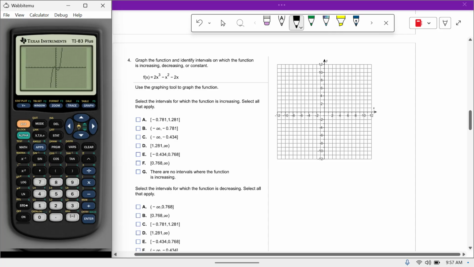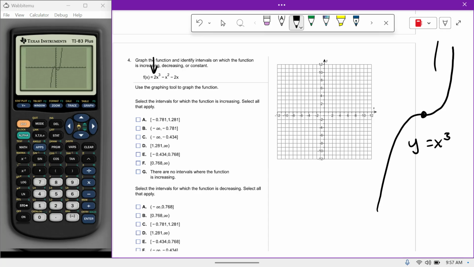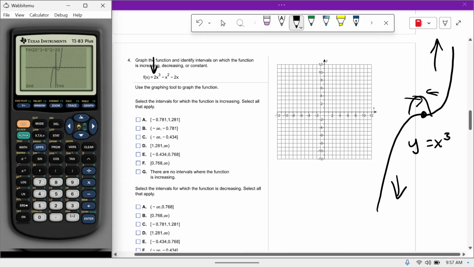Well, we got a curve going on here. It's a cubic function, and cubics look like this. This is y equals x cubed. Now, when you have the 2 in front, it stretches it, and then this thing's affected this way and bigger hump and so on. So what I tell people to do is to trace it. Then you can kind of see what's going on. It still does go through 0, 0. But we got a hump there.